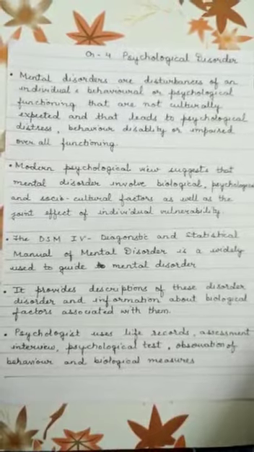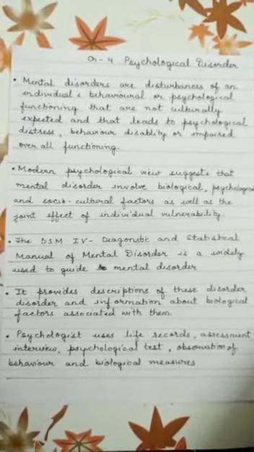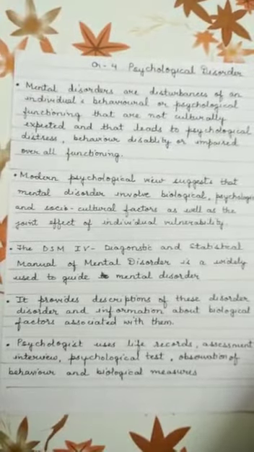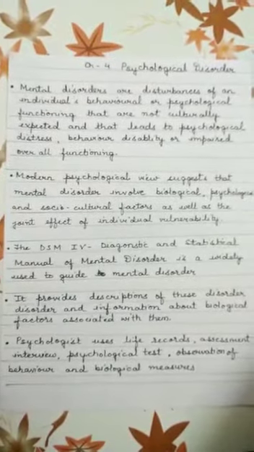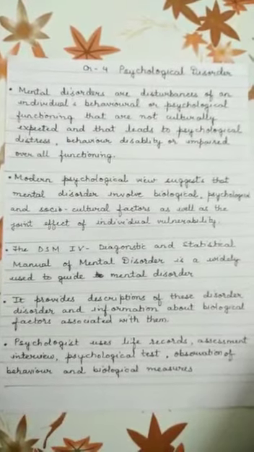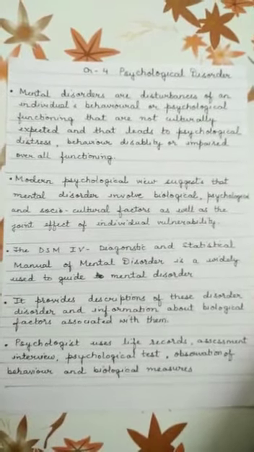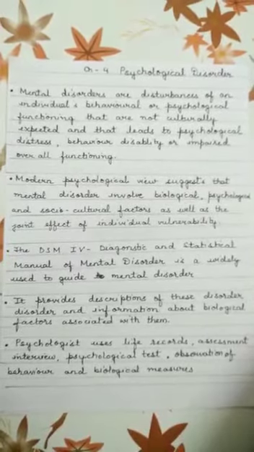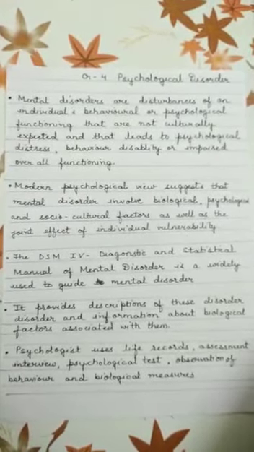So people who suffer from behavior problems or are unable to keep their thought process in order are diagnosed by using DSM. It provides a description of these disorders and information about biological factors associated with them. It means DSM-4 is used to know whether a particular disorder has occurred due to a biological factor or by some other factor.